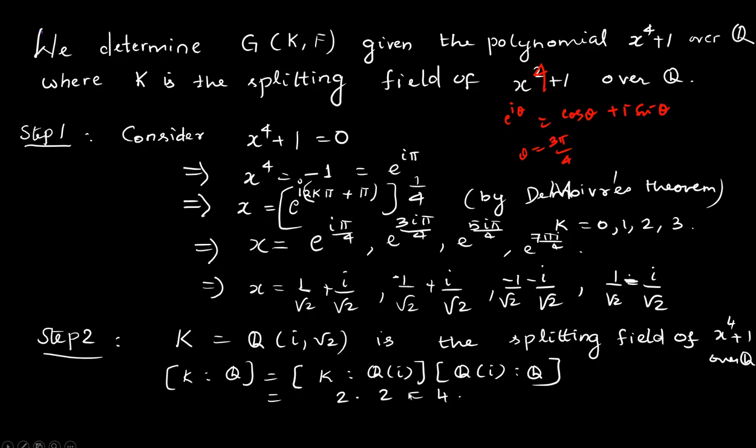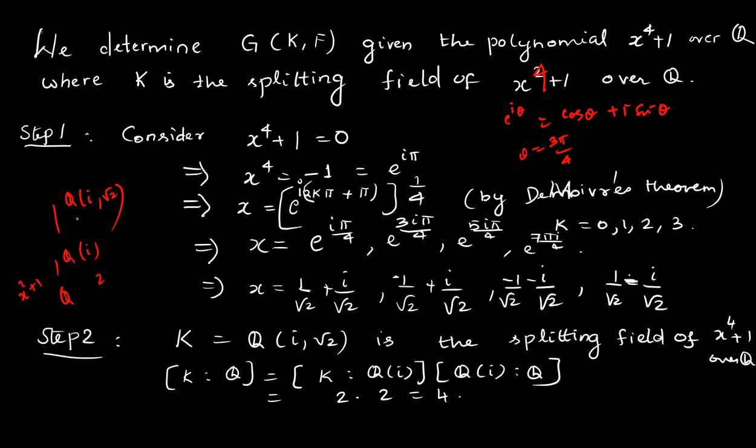And what is K? It goes like this. You have Q, and then you have Q of i, then Q of i, root 2. The degree is 2 because i satisfies this irreducible polynomial, and here the degree is again 2.